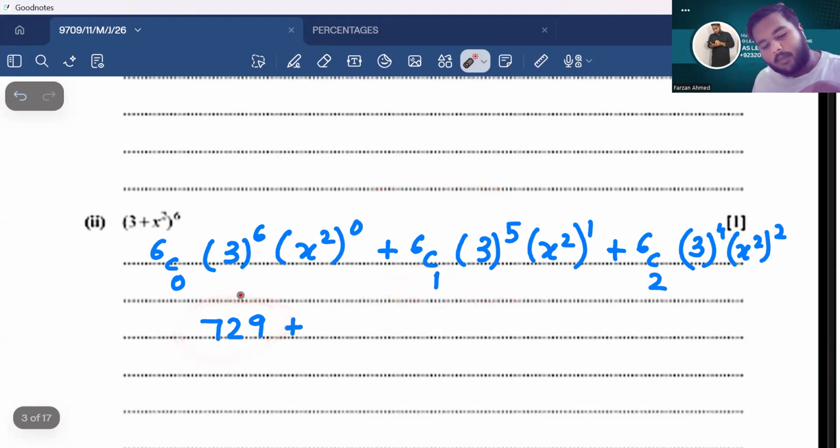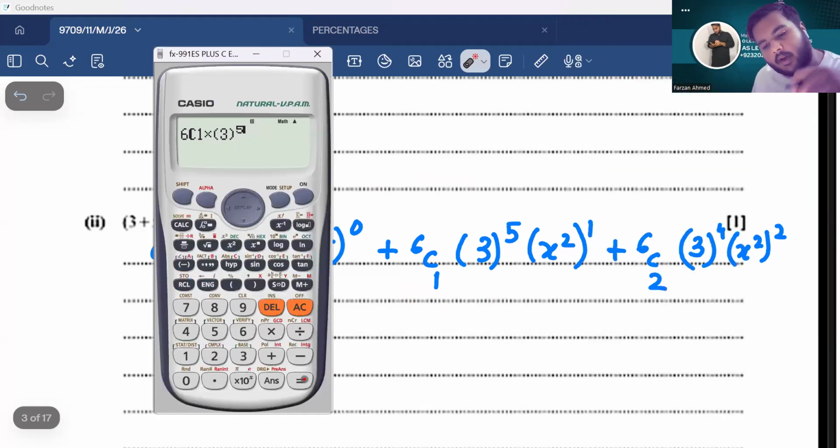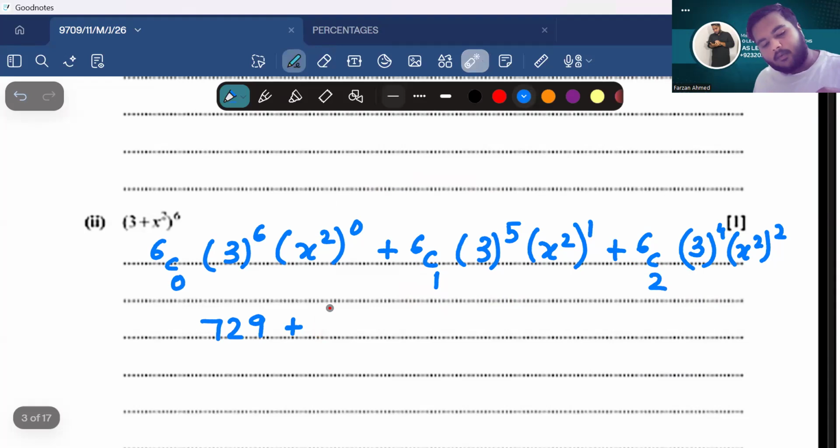So 729 plus, now 6C1 is 6, so 6C1 into 3 raised to power 5 gives 1458 x square.